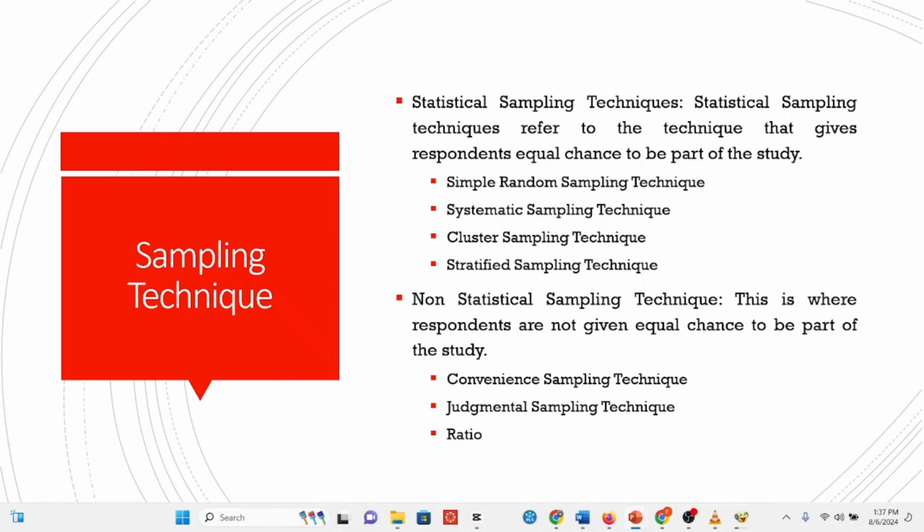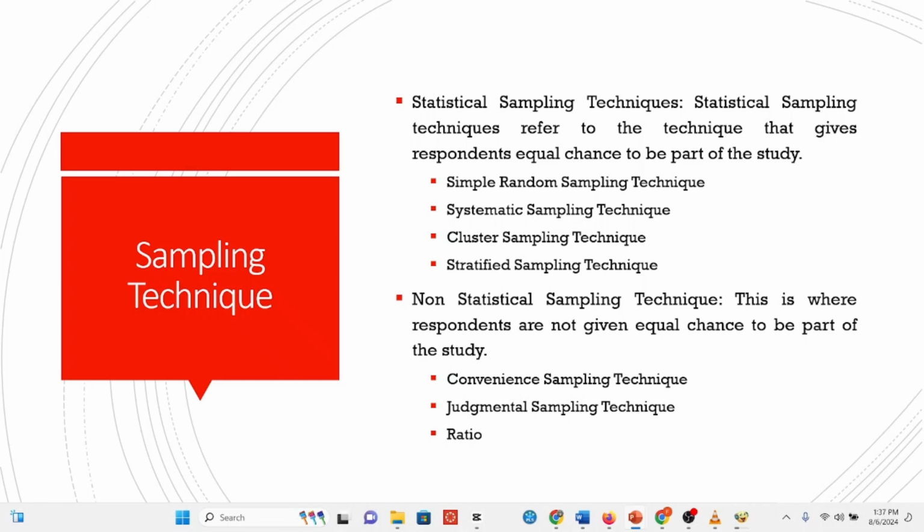Statistical sampling techniques refer to the technique that gives respondents equal chance to be part of the study. Subsections of statistical sampling techniques include simple random sampling technique, systematic sampling technique, cluster sampling technique and stratified sampling technique. We will take each technique and explain further.